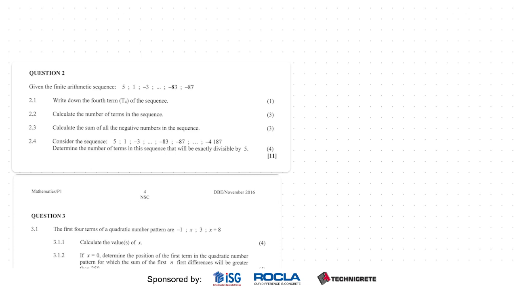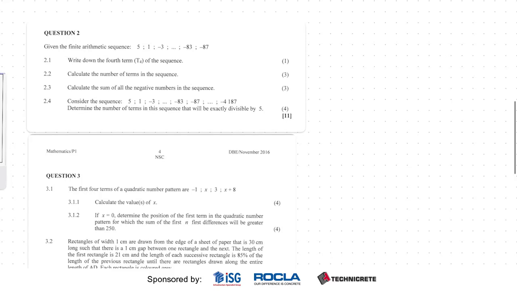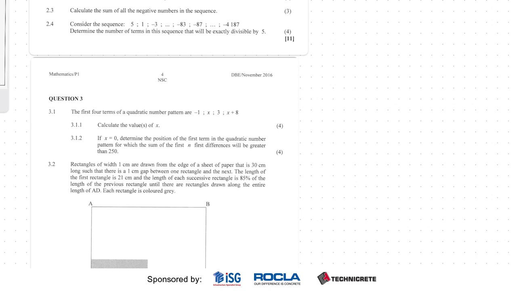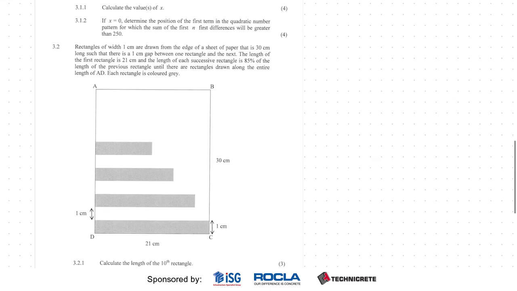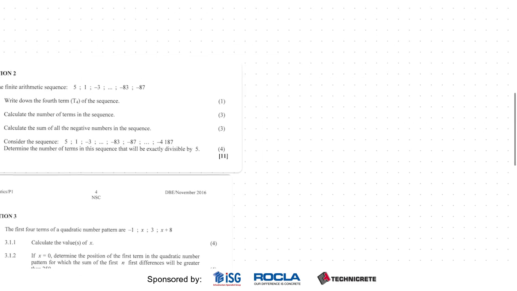Question 1 was just some linear algebra, simultaneous equations, and quadratic equations, or factorizing and solving. Now in question 2, it looks like we have some sequences and series, and same for question 3. So we're going to try and do these two questions together because they're quite similar.